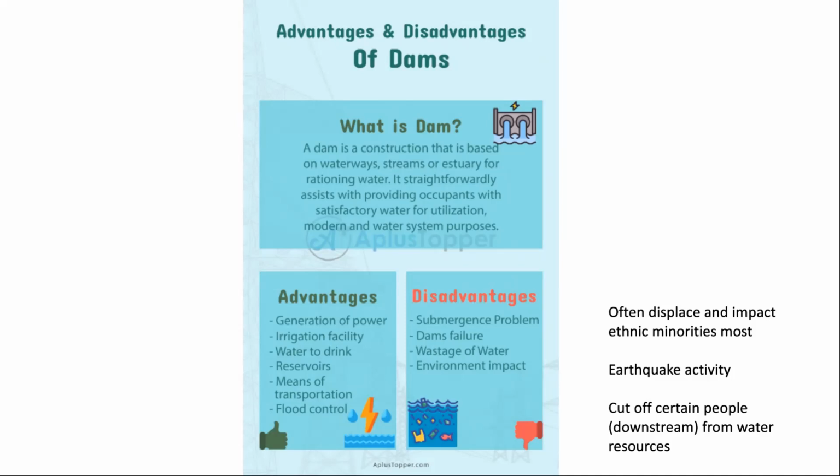There's some evidence to suggest that dams can also help lead to earthquake activity. And when we make a dam, you're effectively cutting off the water at that point. So now anybody downstream of that is no longer going to receive those resources, or at least not to the extent that they had been.